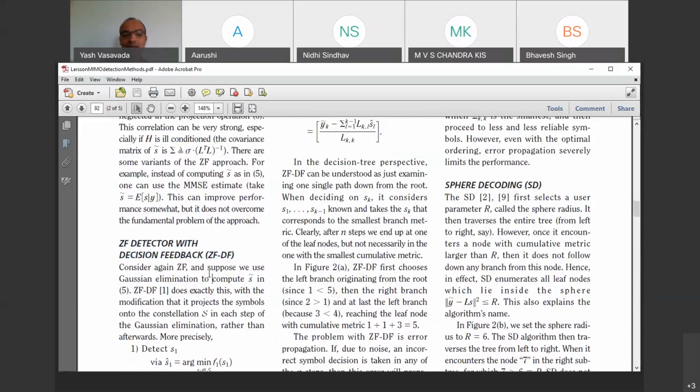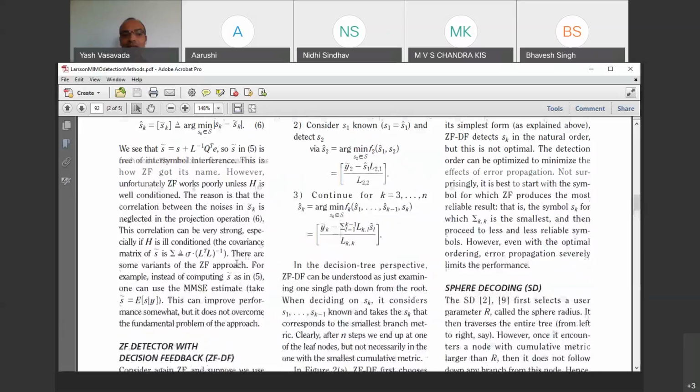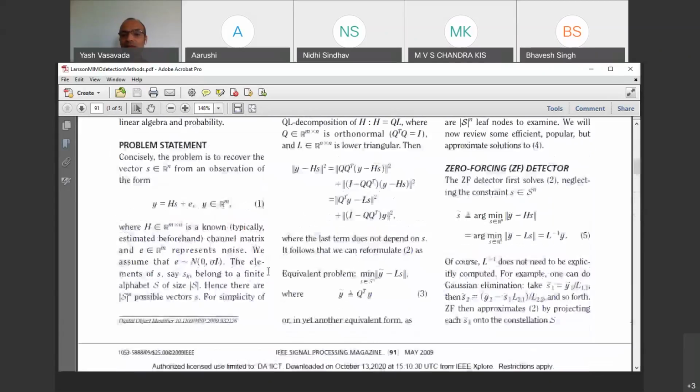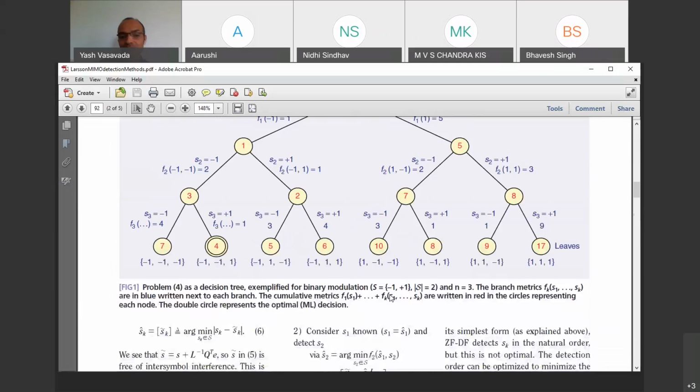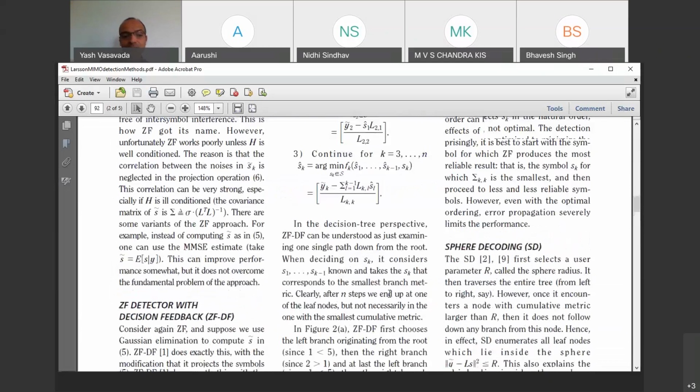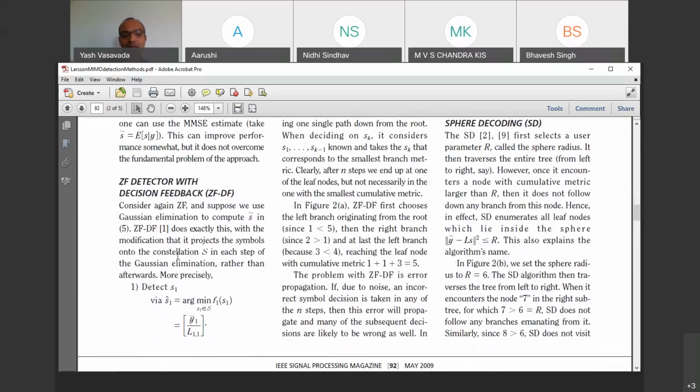Remember, in decision feedback, we actually converted the problem to a lower triangular problem. And then we were doing successive interference cancellation on this lower triangular problem. Remember that? If you already implemented decision feedback, then you would be very much familiar with that. But otherwise, that algorithm is repeated here.